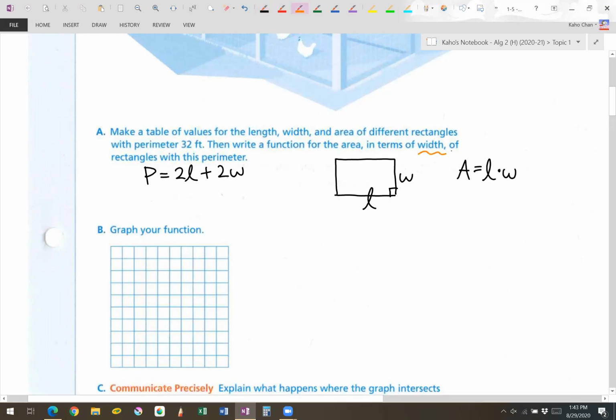The other variable, L, needs to be replaced with another expression. Well, we're going to have to move to the perimeter formula, and you notice L is over here, can be isolated, and take what it equals to and substitute it into the area formula.